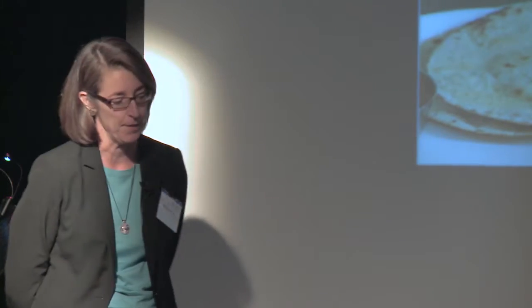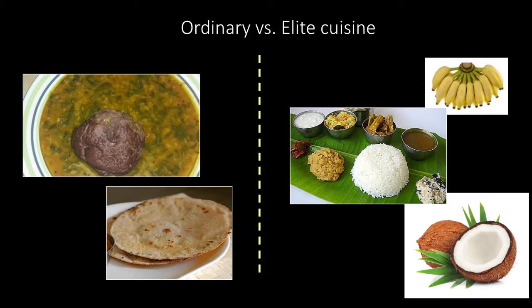What we also see archaeologically and in the historical documents is that the kinds of foods associated with the areas outside of the intensive irrigated zone are completely different, right? So unlike the rice-based tali sitting on a banana leaf that you see here on the right side of the slide, the food of ordinary people is based on millets instead of rice, dry-farmed grains.